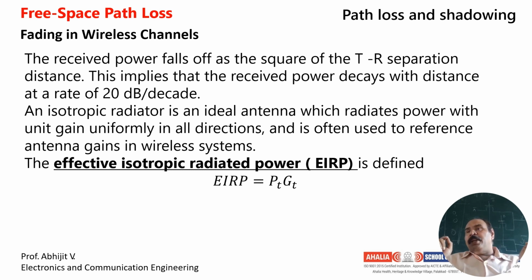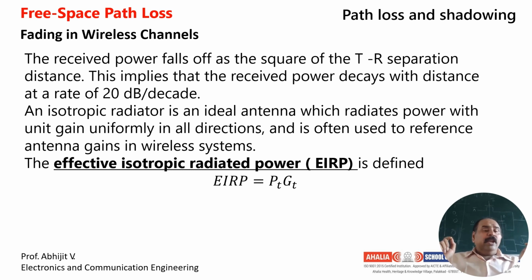And this definition might come to your question paper directly. Define effective isotropic radiated power, EIRP. EIRP is the product of the power transmitted and the gain of the transmitter antenna. The antenna is assumed to be an isotropic ideal antenna.